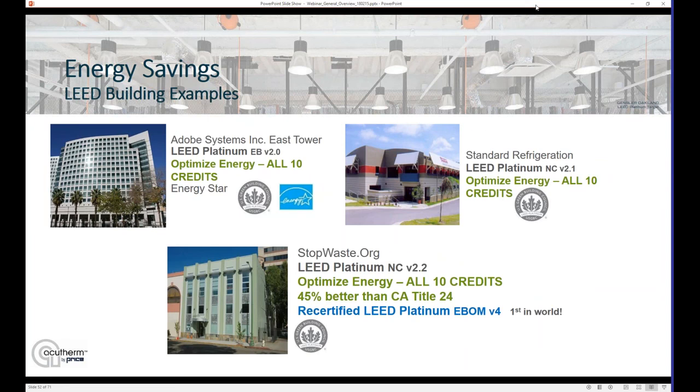Just to show that these aren't all theory and no practice, here are some actual projects using Therma-Fuser diffusers. Upper left there, Adobe Systems, over 800 diffusers throughout that office tower.